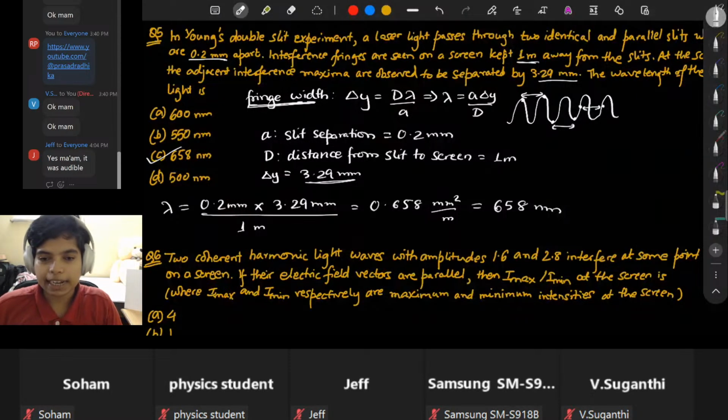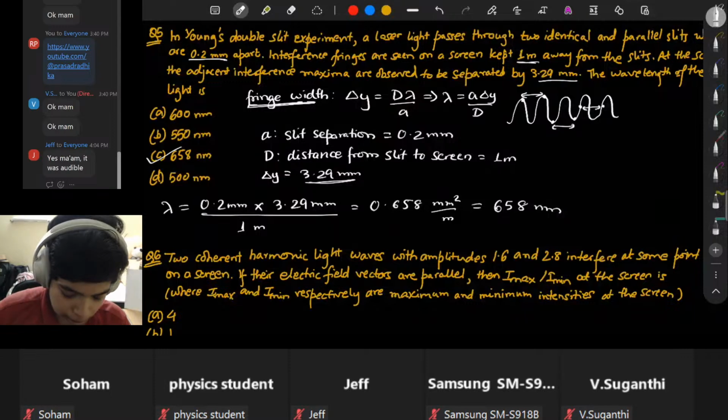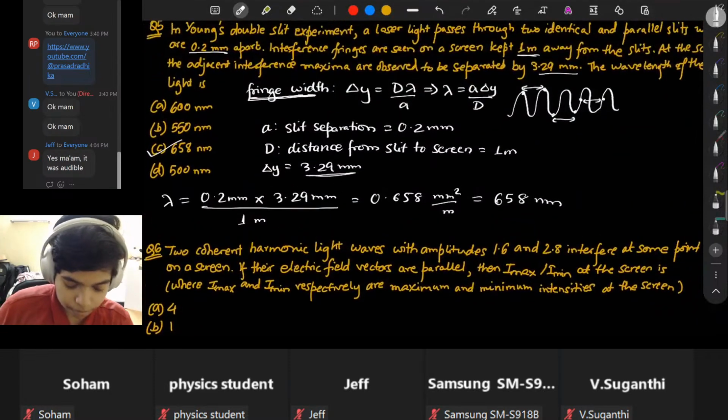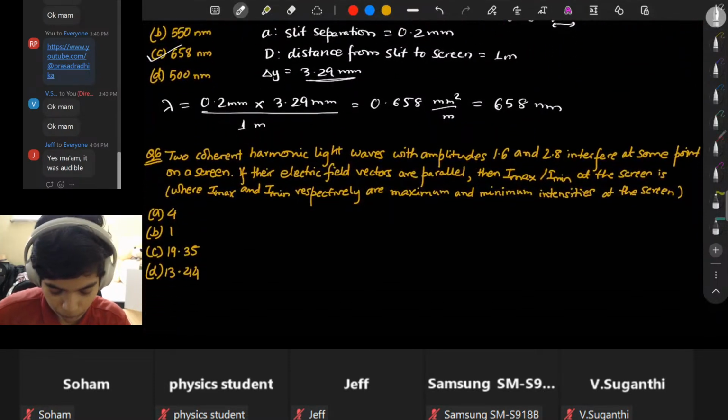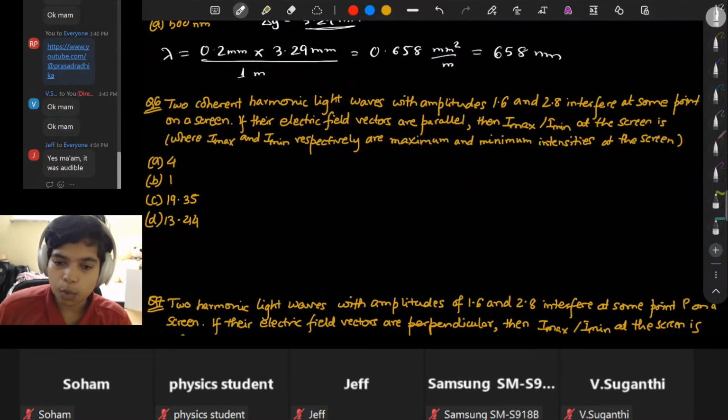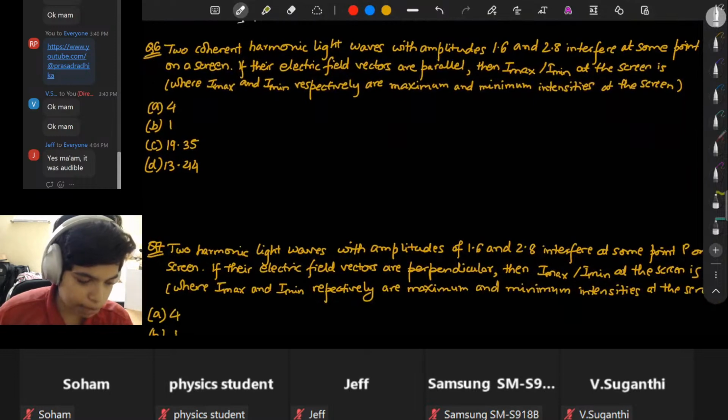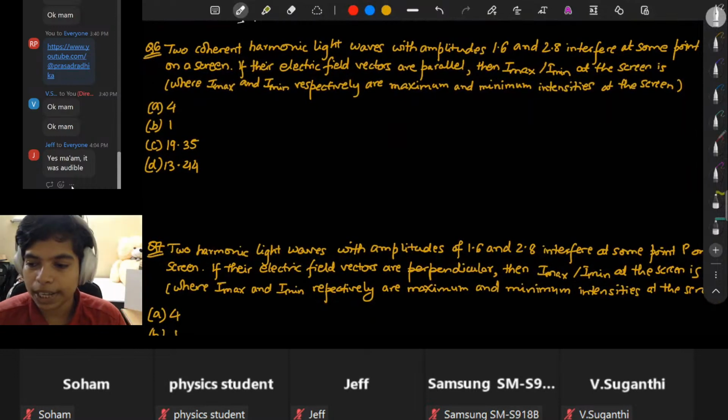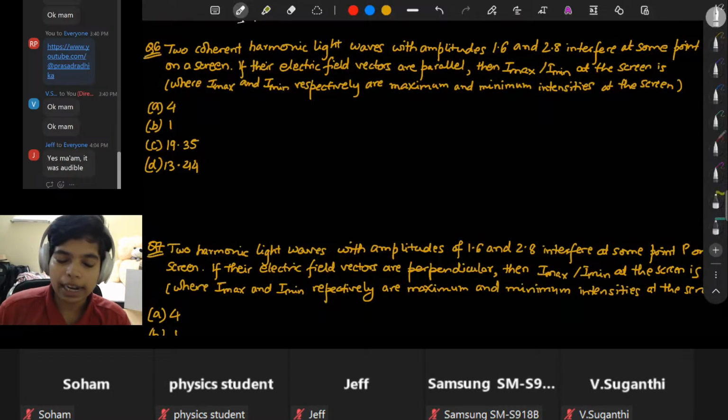So that's why we take it as either the separation between successive maxima or the separation between successive minima. But I strongly advise all of you to please attempt the poll before looking at the solution provided by me. Just looking at the solution is probably not going to be of as much help as when you actually attempt the question on your own and then look at the solution.